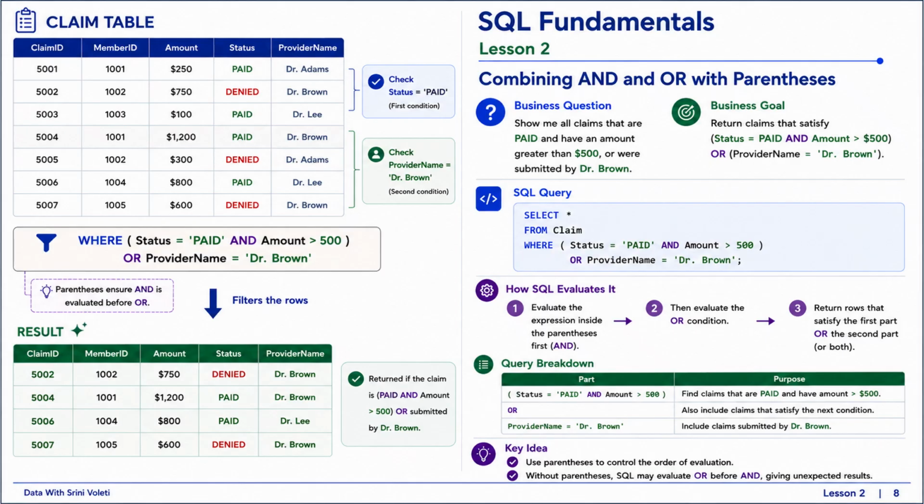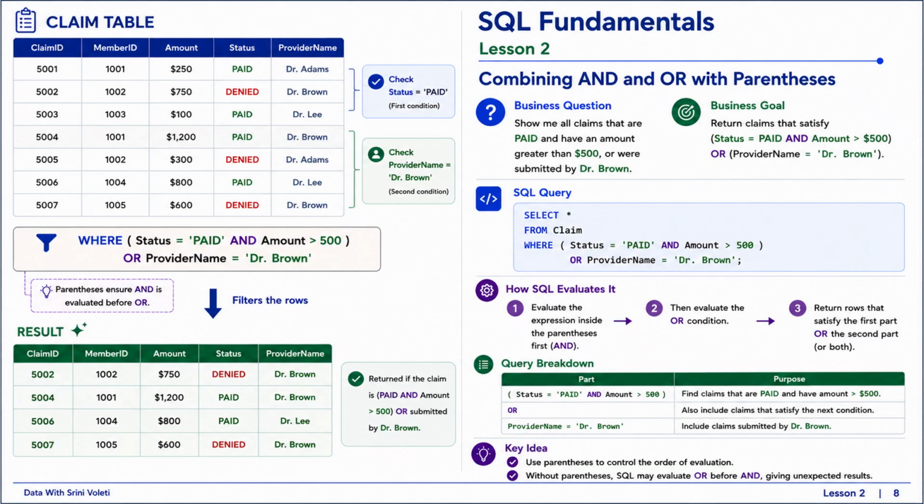Let's look at today's business question. Imagine your manager asks, show me all claims that are paid and have an amount greater than 500, or were submitted by Dr. Brown. Notice that this request contains three separate conditions.